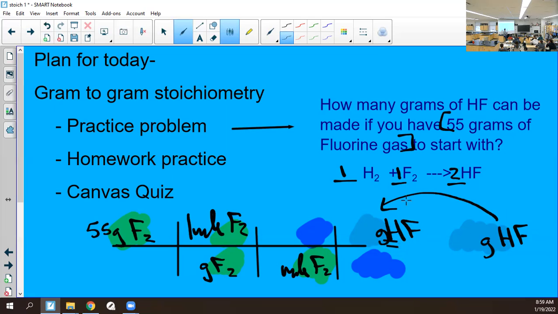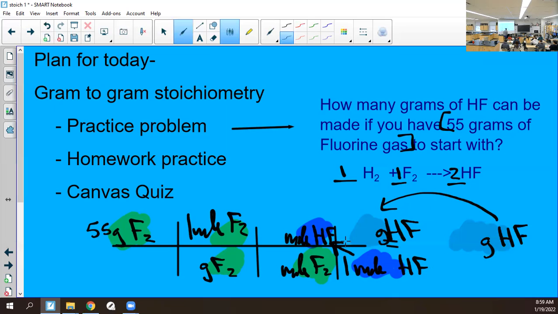And tell your partner, a gram of something is always over what? 1 mole of what? The same substance. So this denominator is 1 mole of HF. And then if I know this, then I know that has to be mole HF. And now I'm ready to plug all the numbers in.